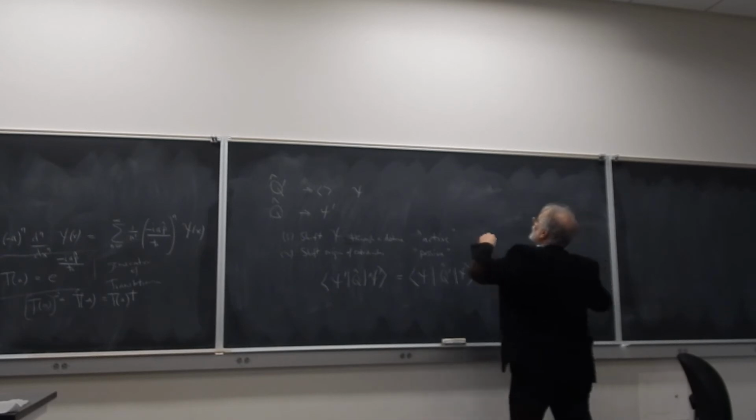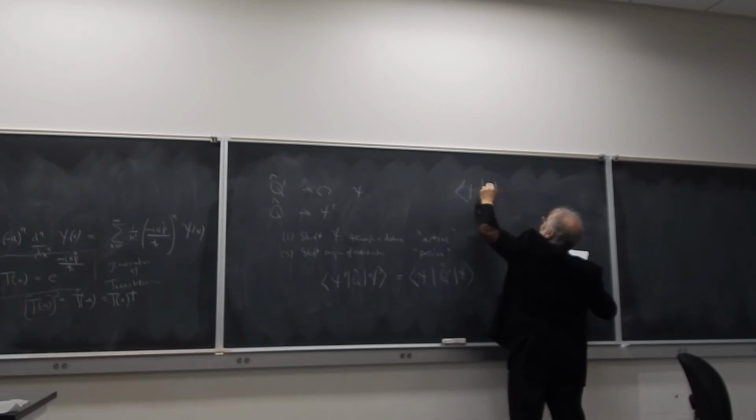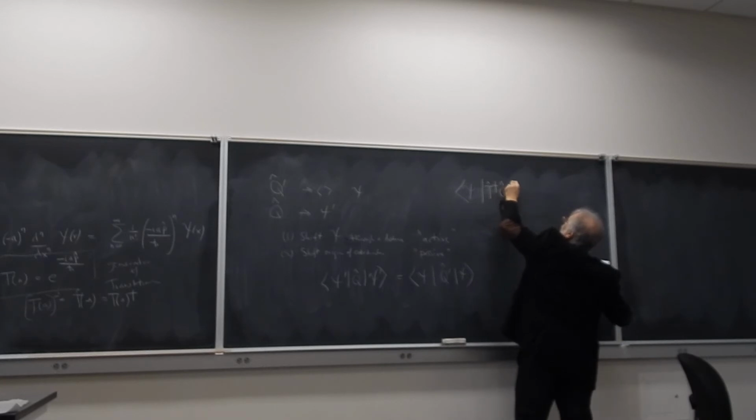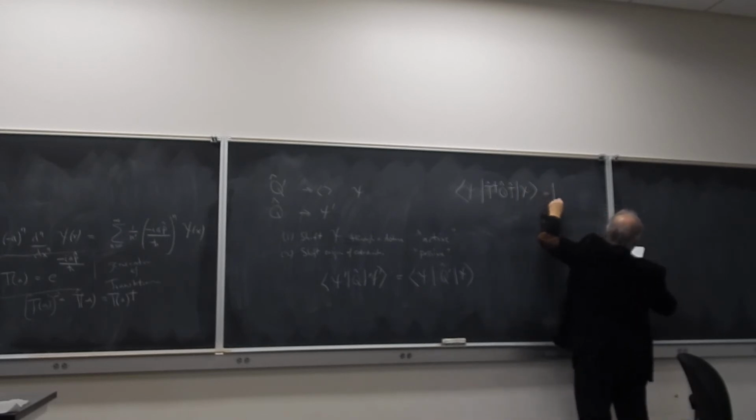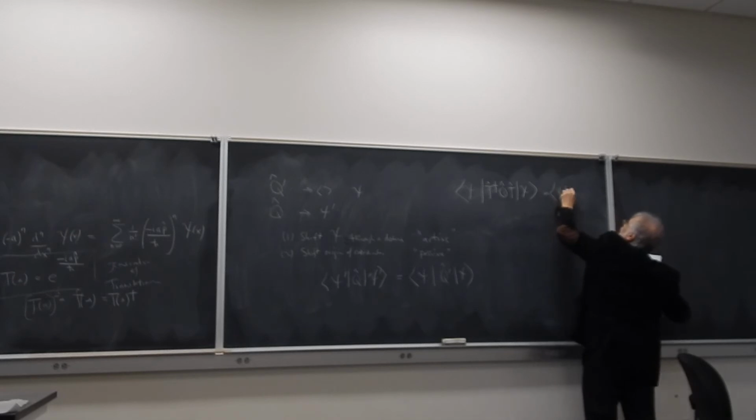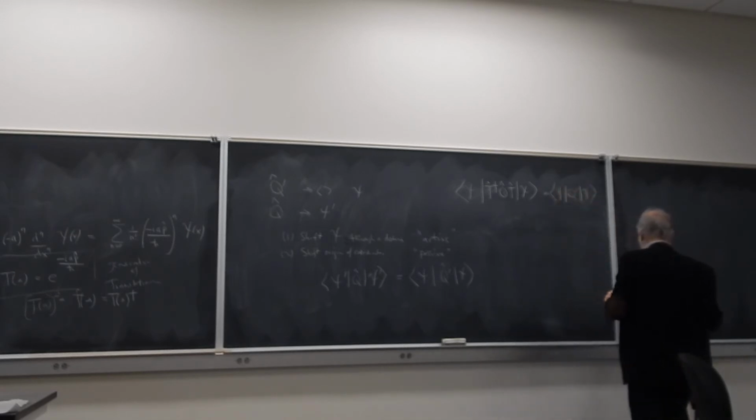I'm going to write it like this: psi T dagger Q T psi, of course, is equal to psi Q prime psi.